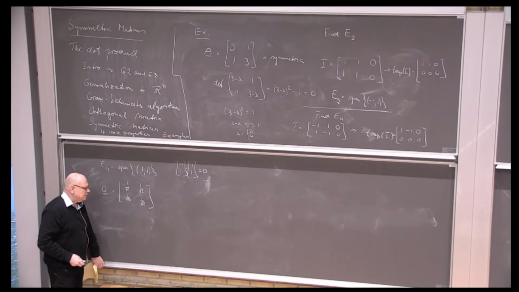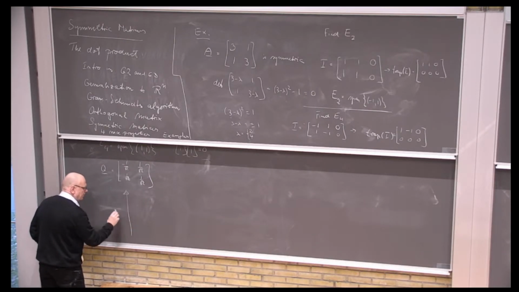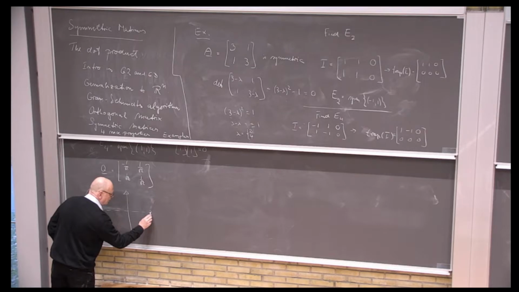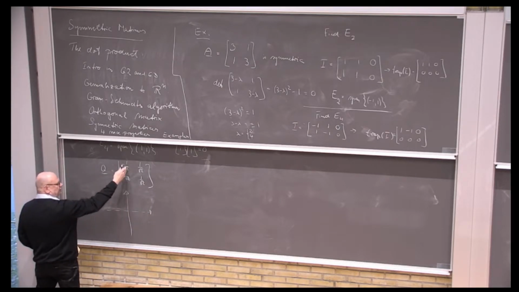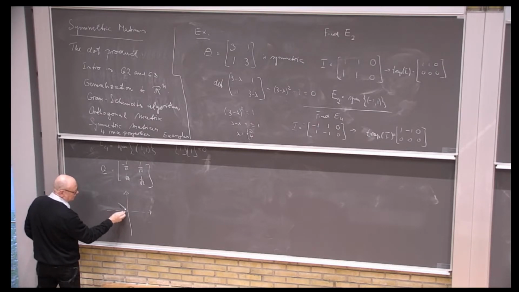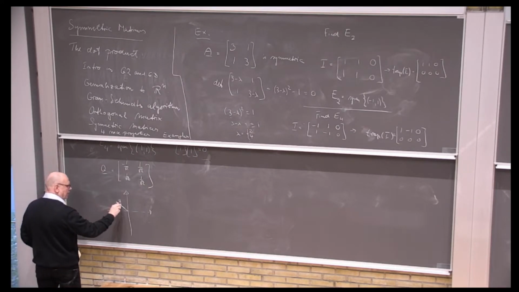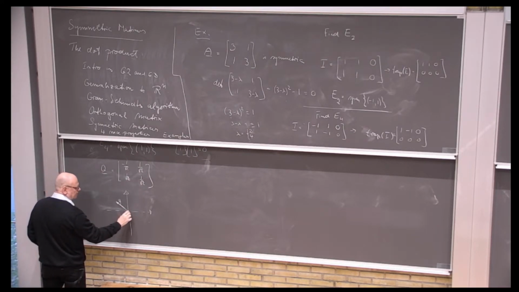Let me try to illustrate this. If I take this vector here, it will be a vector of unit length like this. I could call it Q1. This vector here should be like this.